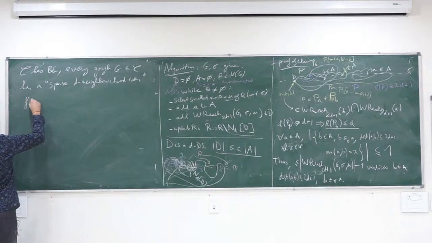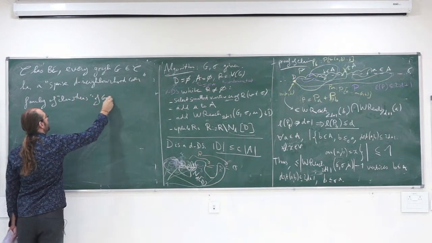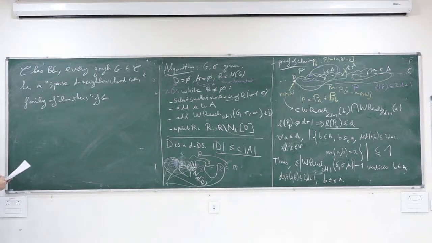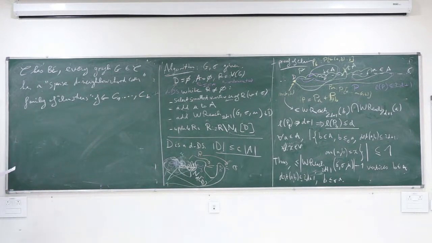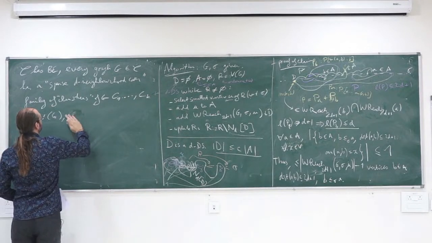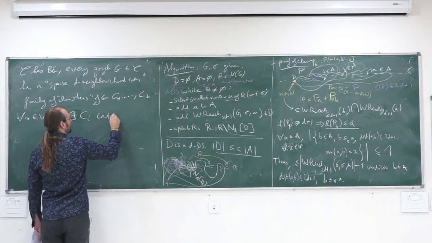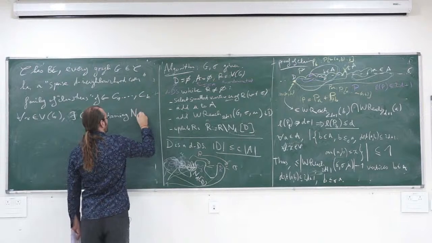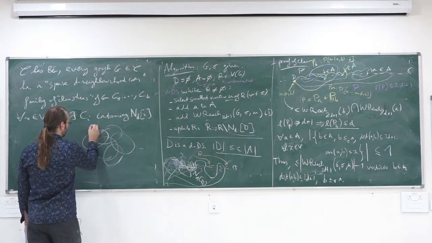So what is this? This is a family of clusters of G, let's say C1 to CK, such that, for every vertex in the graph, and when D is fixed, there exists a cluster which contains your neighborhood at distance D. So imagine that you have a collection of these; you can cover your graph with these clusters.